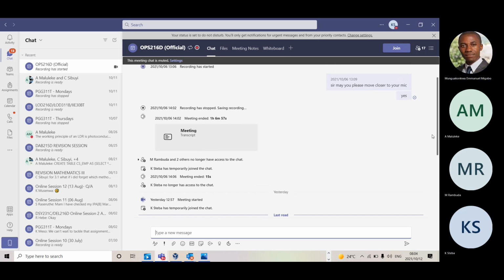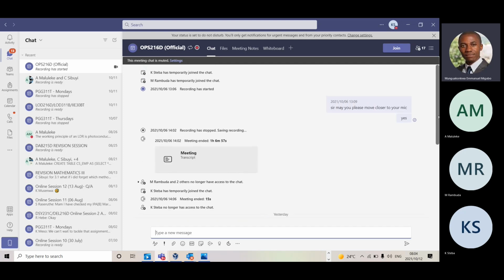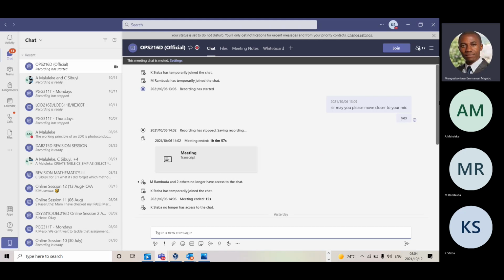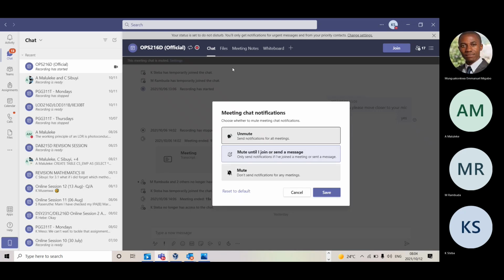That's quite weird. What is it that is said on top there? Chat is muted. It says this meeting chat is muted. Go to settings. Unmute.